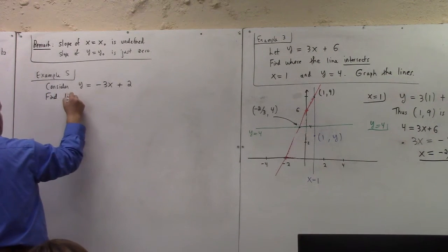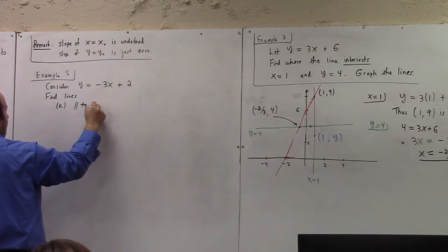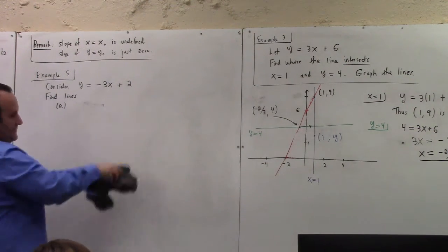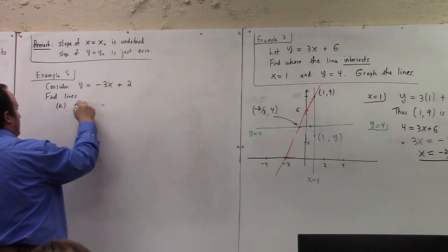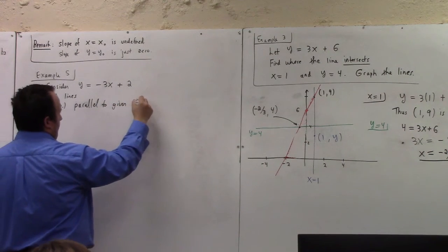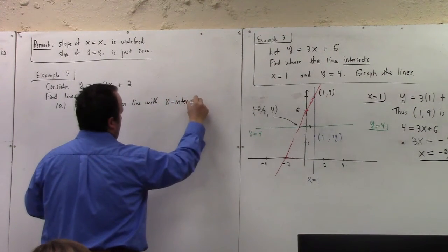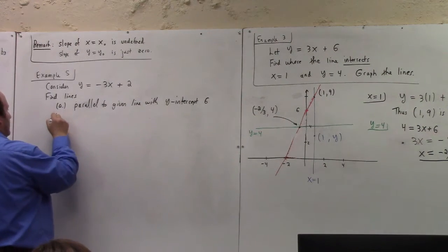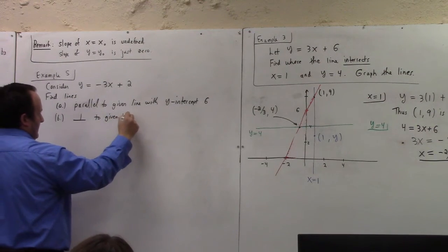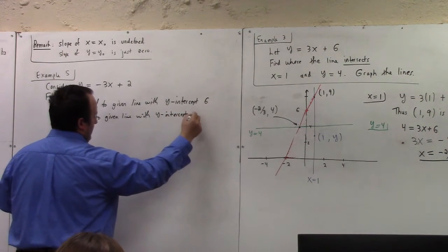Find lines, let's say part A, parallel to the given line with y-intercept 6, and part B, perpendicular to the given line with y-intercept minus 2.